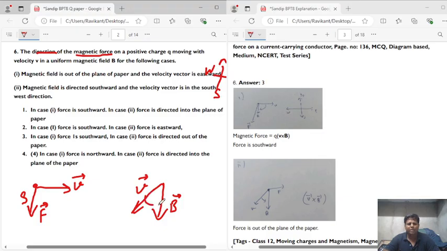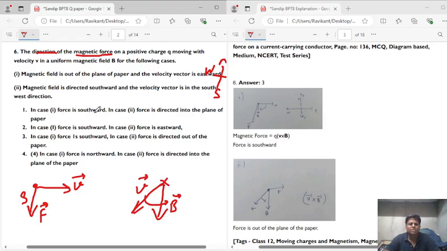While moving from V vector to B vector, we are moving in an anti-clockwise direction. If we are moving in an anti-clockwise direction, the magnetic force will be in a direction perpendicular to the paper and outwards. So in the first case, we have magnetic force in the south direction, and in the second case, we have the magnetic force out of the plane of the paper.